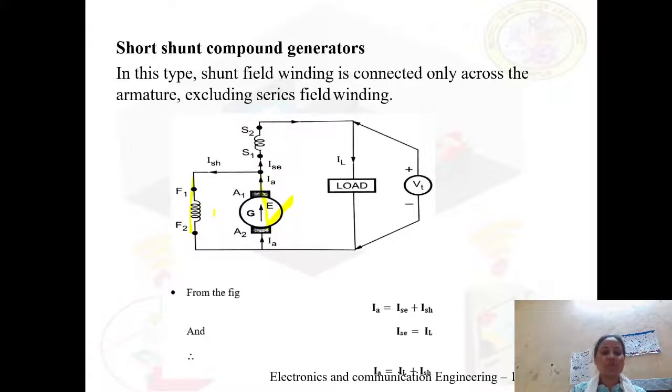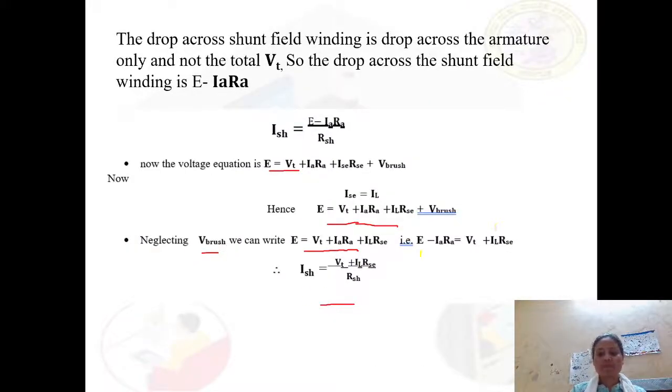You can also simply apply KVL to this small loop, which gives ISH RSH plus IA RA equals E. Therefore, ISH can be written as E minus IARA divided by RSH. Hence, E minus IA into RA is ISH into RSH. Therefore, ISH can be calculated as VT plus IL RSE divided by RSH.